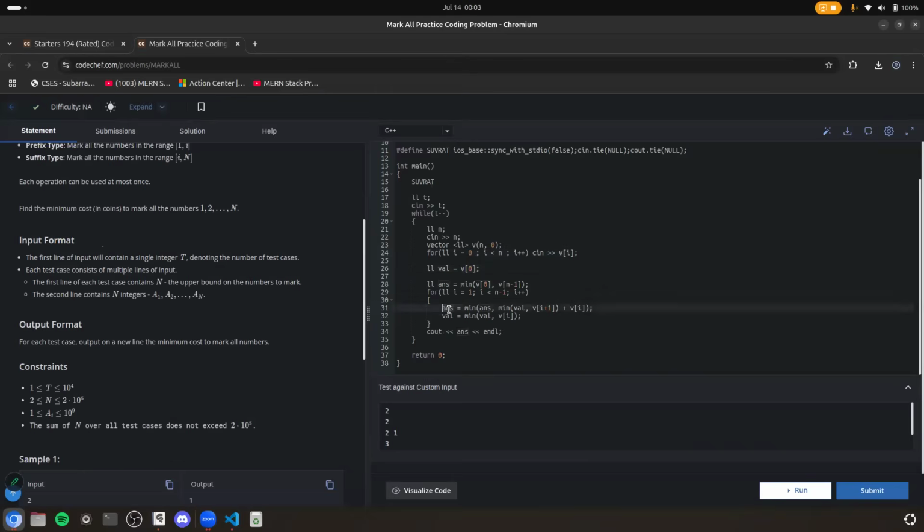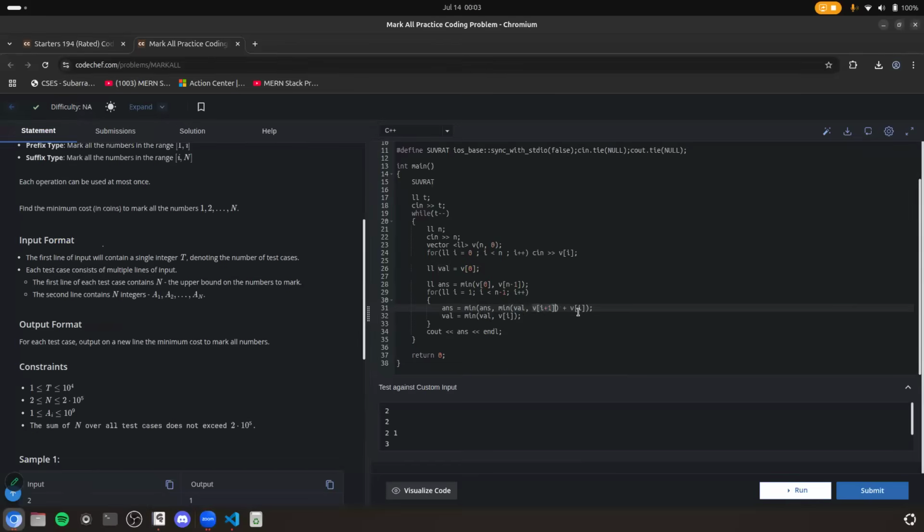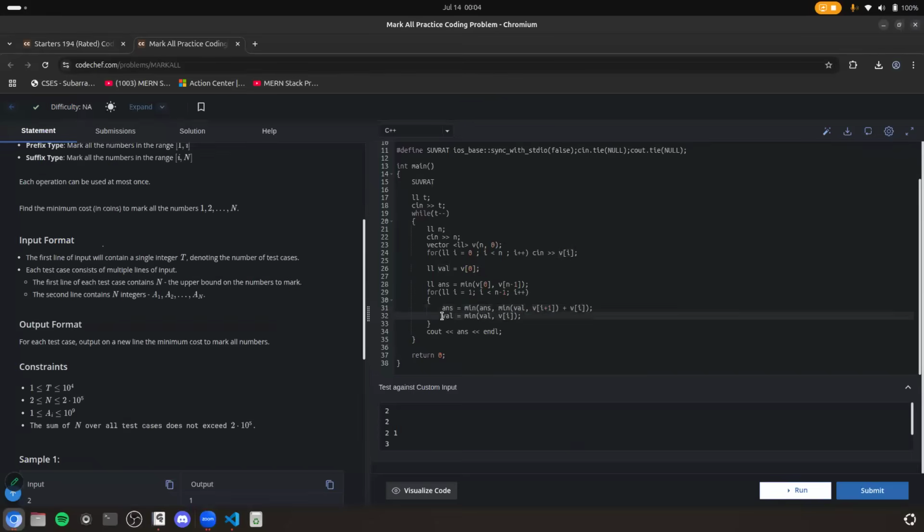And we can calculate answer as minimum of answer comma val plus vi plus 1. This thing and this thing, and vi is the prefix operation cost, this. Now we update val as minimum of val comma vi, so that the next iteration we can use this. So that was it, and then we print out the answer.